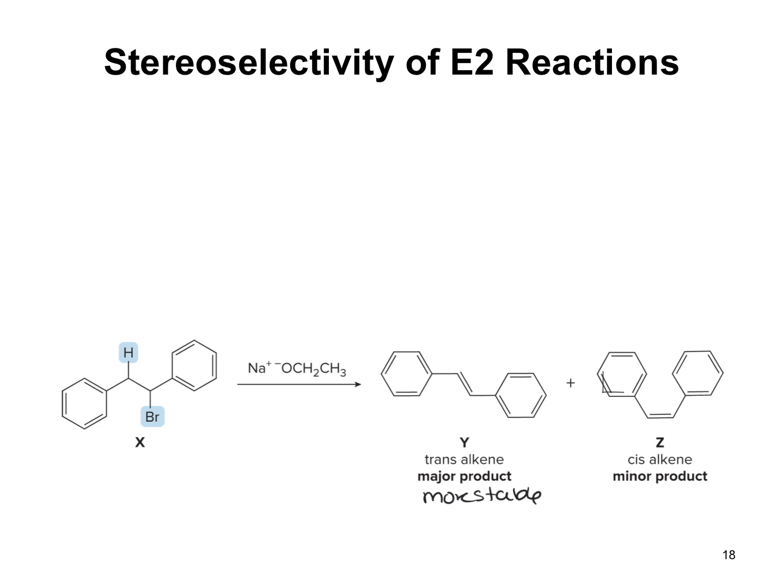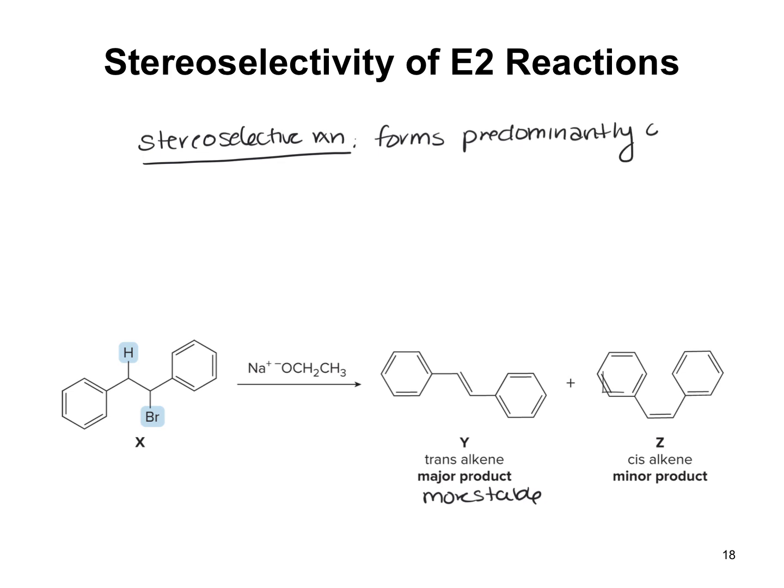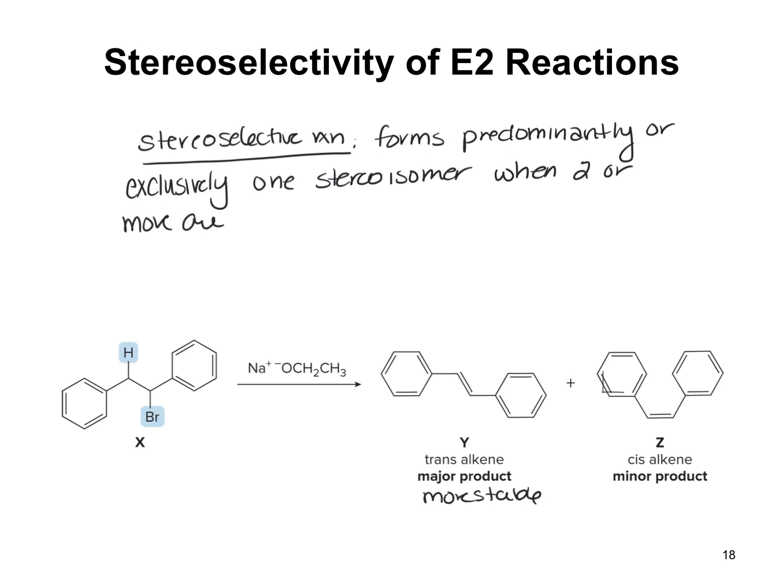So a stereoselective reaction forms predominantly or exclusively one stereoisomer when two or more are possible.